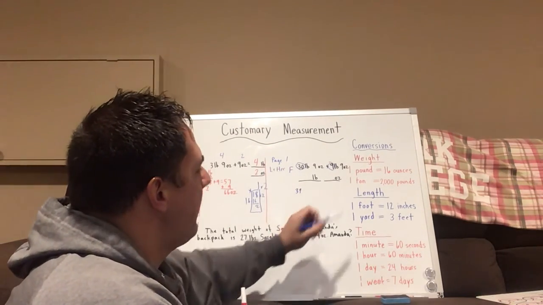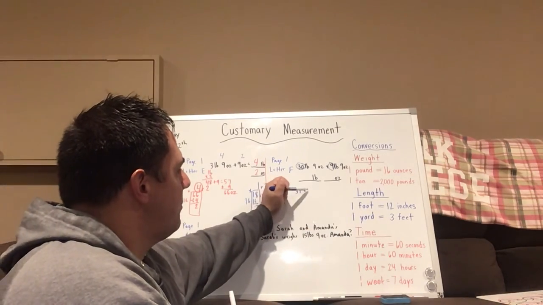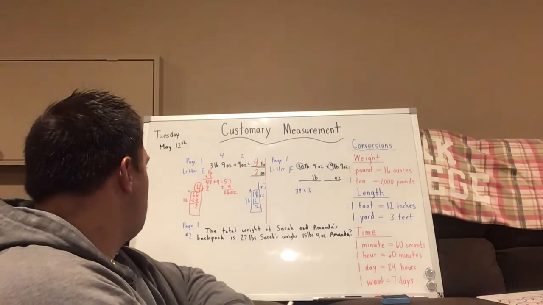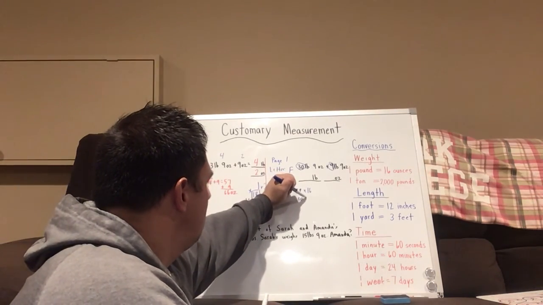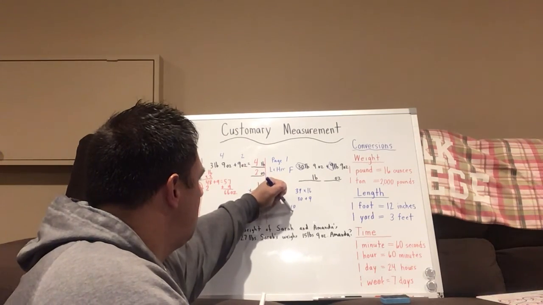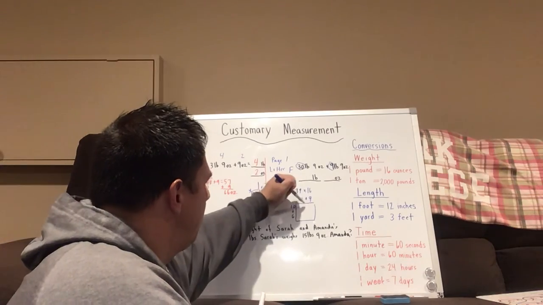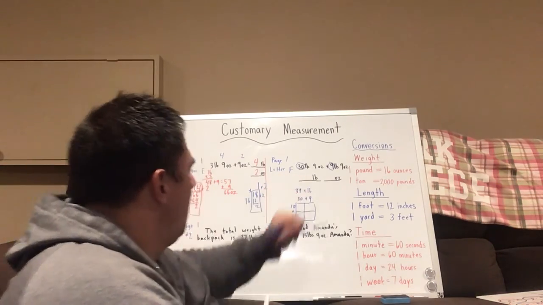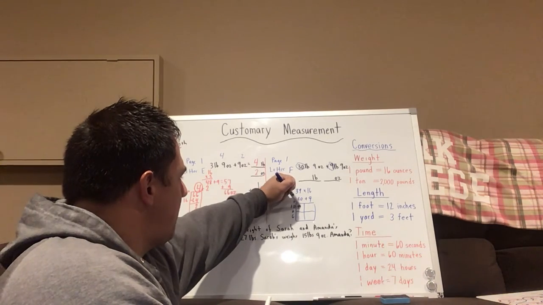And I'm going to multiply that times 16 because 1 pound is equivalent to 16 ounces. So I'll use my area model for this one. So we'll do 30 plus 9 times 10 plus 6. I know 10 times 30 is 300.